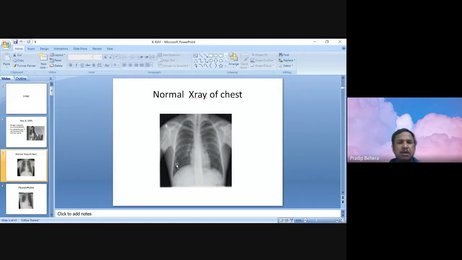Pathology means pleural effusion, consolidation which occurs in pneumonia, lung abscess, emphysema, then say pneumothorax. So these 5-6 plates are there.